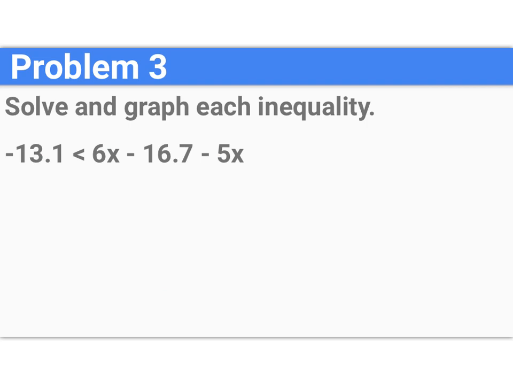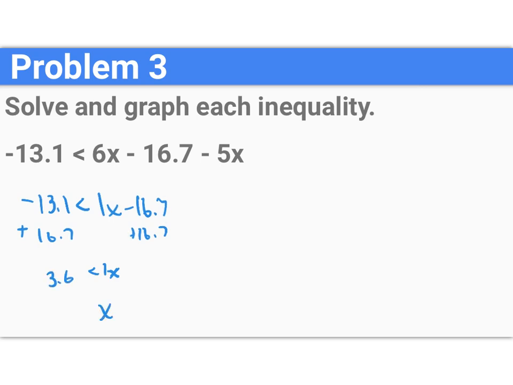Okay, let's look at our final example. Negative 13.1 is less than x minus 16.7. Add 16.7 to both sides. Okay, same signs add, different signs subtract. 3.6.